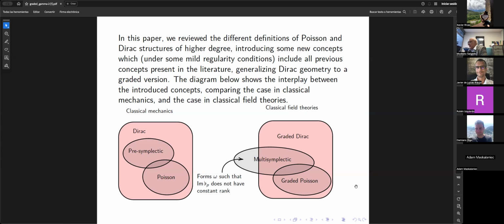Okay, great. In this case, the good thing is that we don't have multi-things for multi-contact structures, so we can go directly to the right definitions.